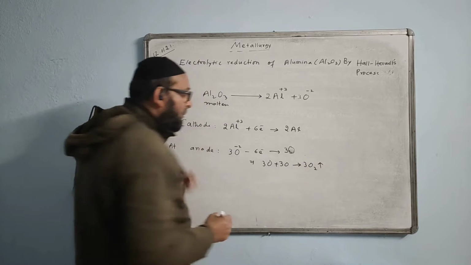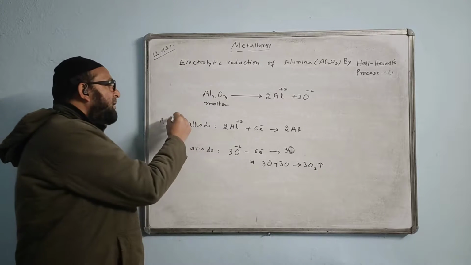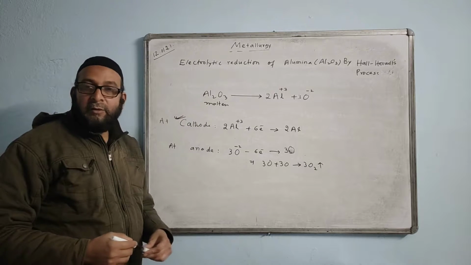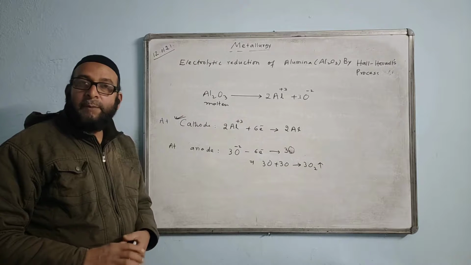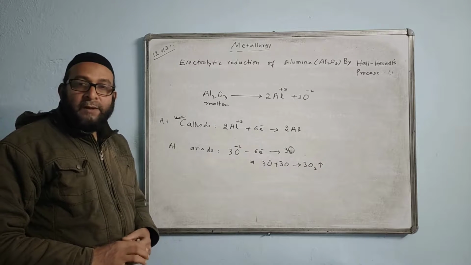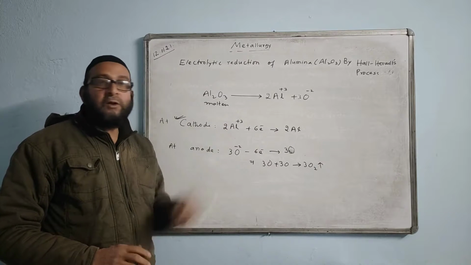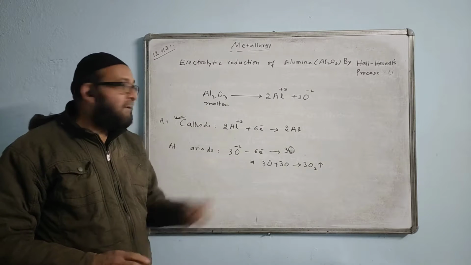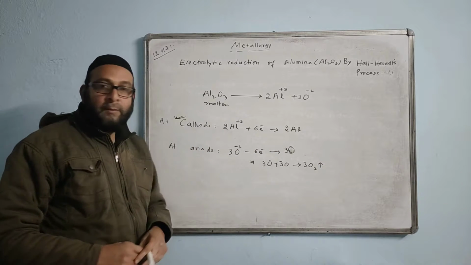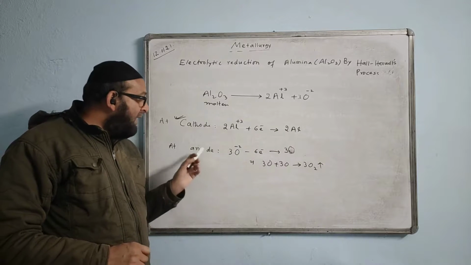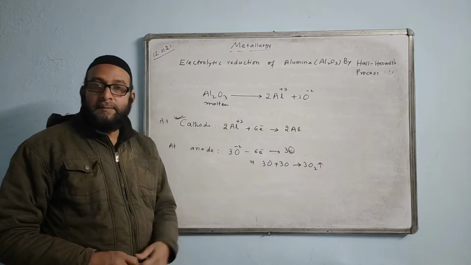Oxygen gas is formed. The cathode reaction is the important one, because it is serving our purpose. We wanted to get aluminium metal, and we get aluminium metal at the cathode. And at the anode, the product is oxygen.